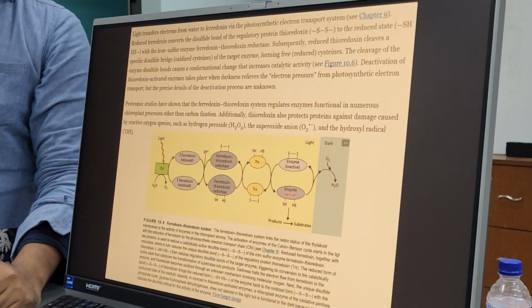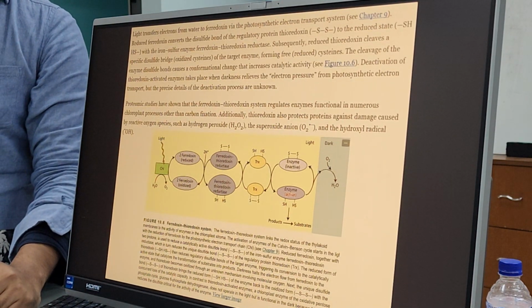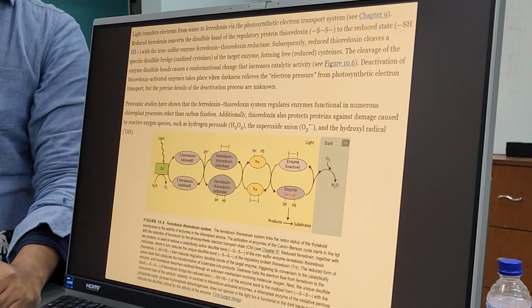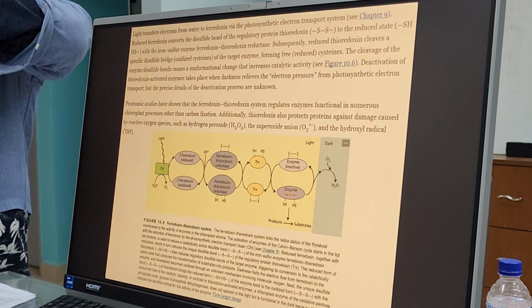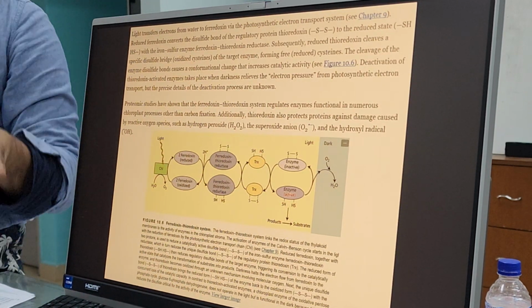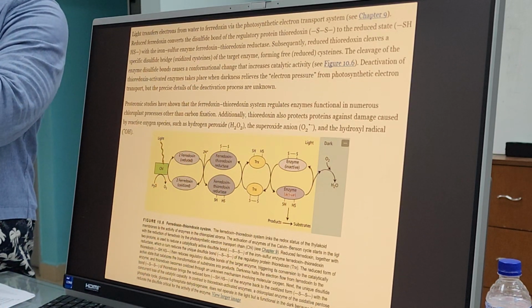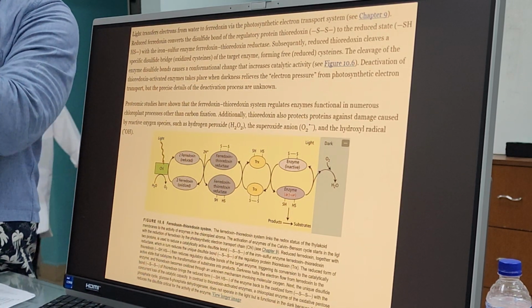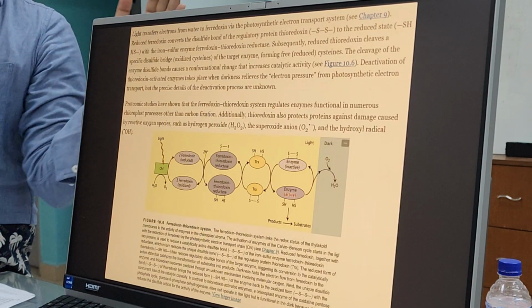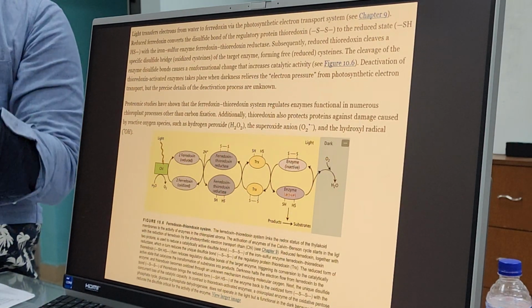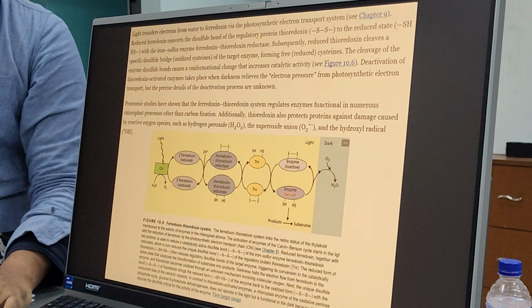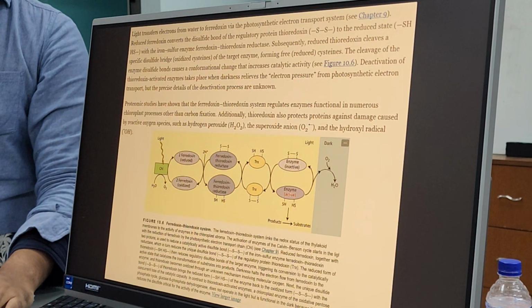Right? Because magnesium, not only does it have the effect of increasing pH, it also actually binds to the Rubisco to stabilize it. Remember, Rubisco has undergone carbamylation, right? It needs to be stabilized.